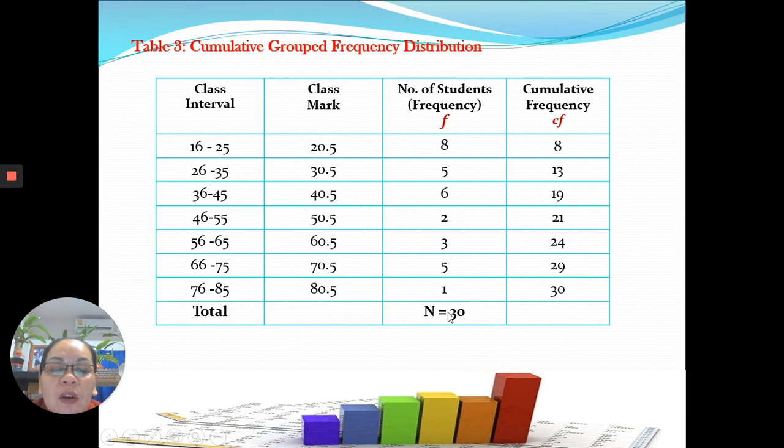Okay, so if your cumulative frequency of the last class interval is not the same as your n, then you have to go back to how you add all these numbers here, because there might be some errors that you have committed. Right?